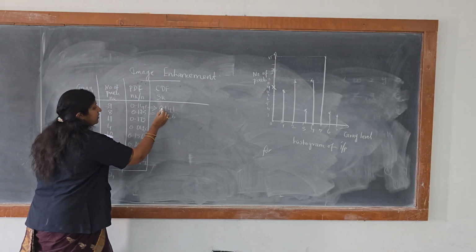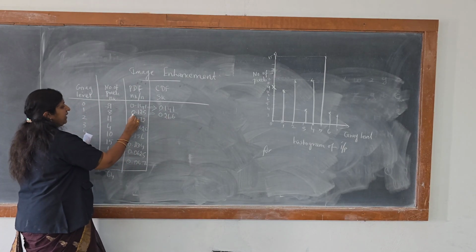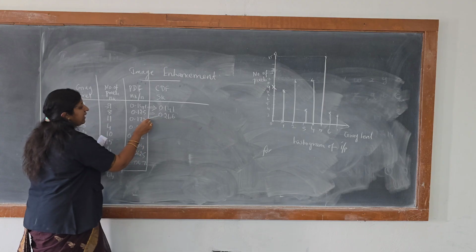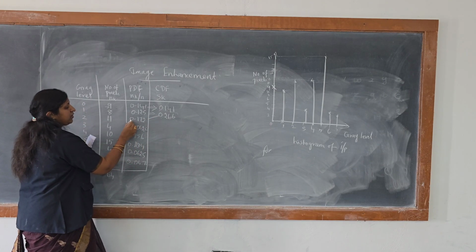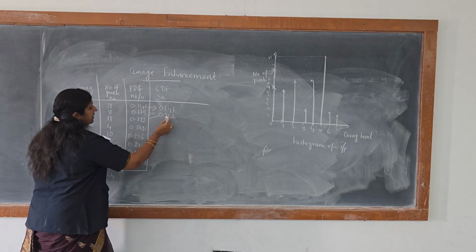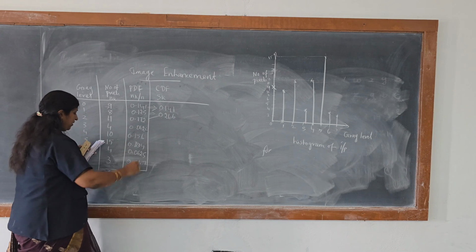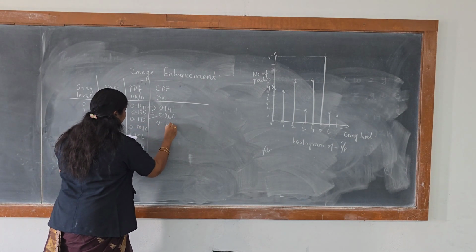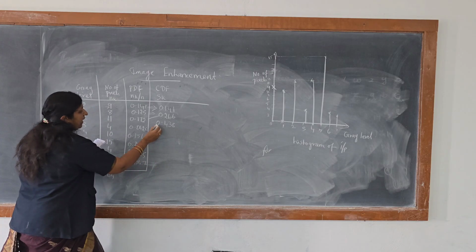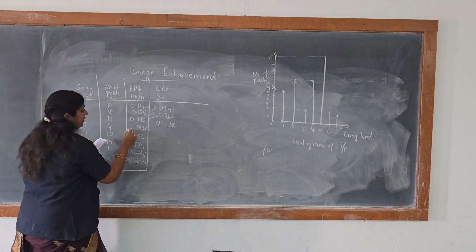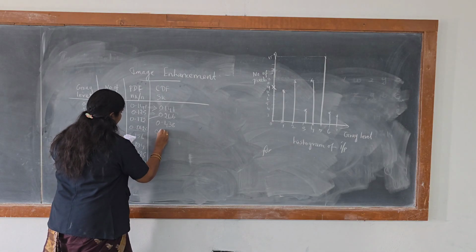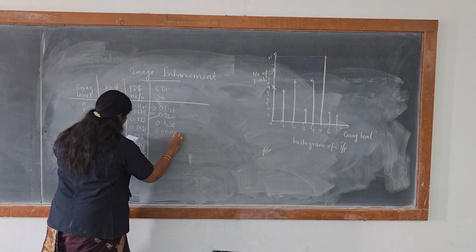This value is added with the next gray level PDF, and you get the new value. Then 0.266 is added with 0.172, you will get 0.438, and again add 0.438 with the next value, you will get 0.5005.